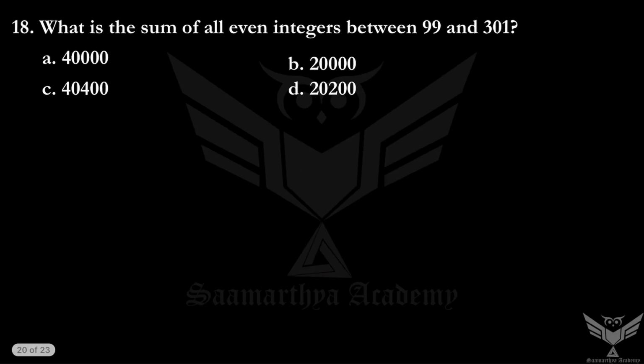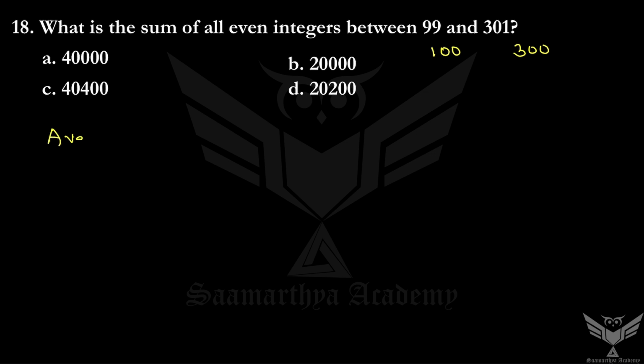Now the next question. What is the sum of all even integers between 99 and 301? So between this, what is the first integer that we get? 100. Even integer. The last is 300. Now, we'll use two different things here.